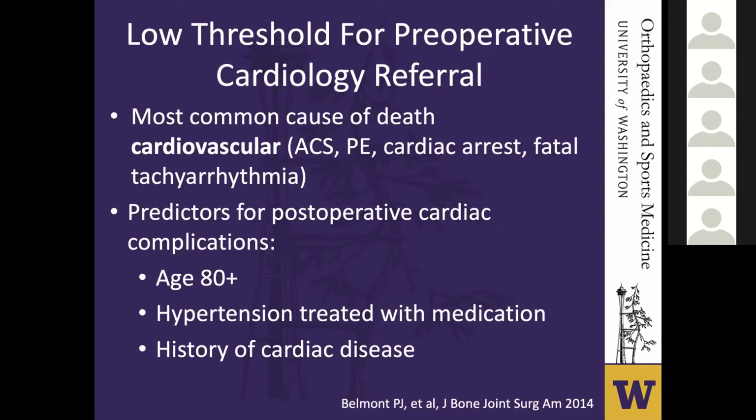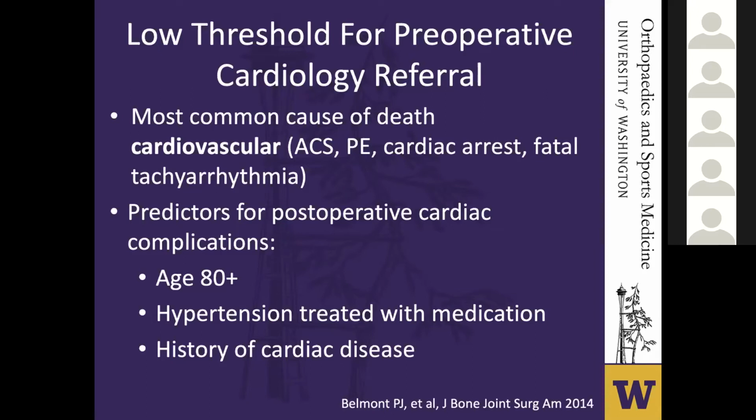That being said, anything we can do to limit mortality after an elective surgery is critical, especially with the numbers of patients that are undergoing these procedures. And so there have been a multitude of studies looking at trying to evaluate preoperatively which patients are at risk for developing major cardiac complications and mortality.